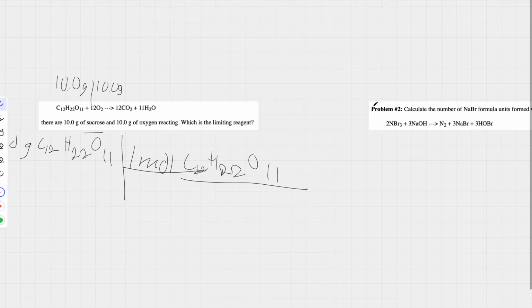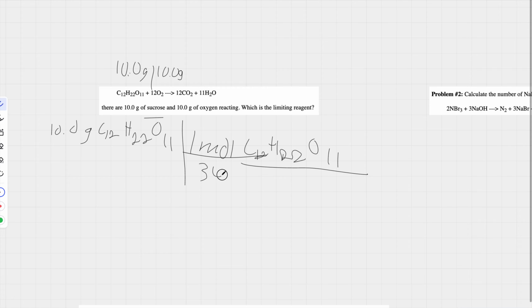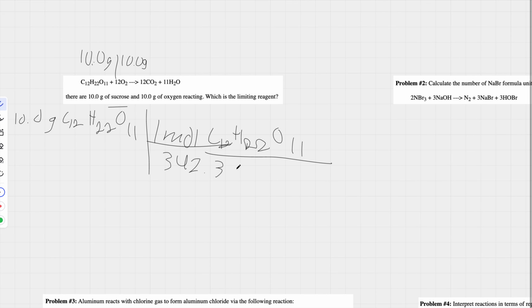This gives us a molar mass of about 342.3 grams of sucrose. Since we have to put grams here to cancel both of these units out.